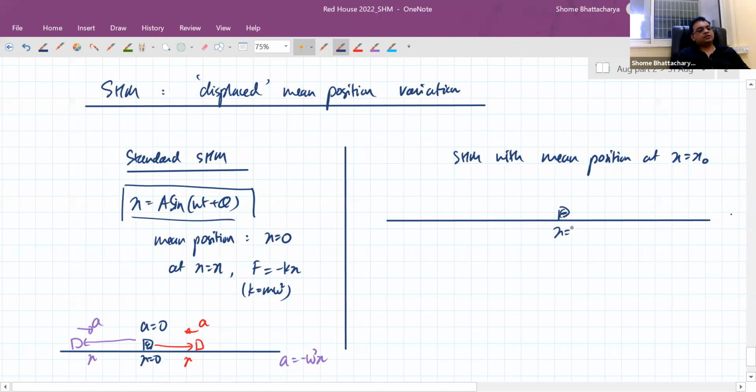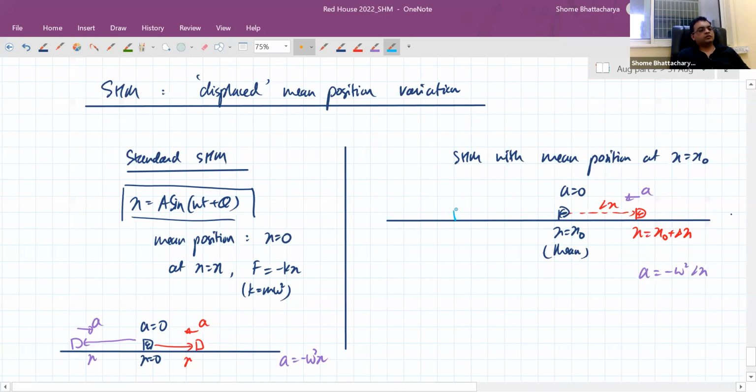So at x equal to x naught, acceleration is 0. This is the mean. Okay. But when we take it this side to x equal to, let's say, x naught plus delta x, then it should have an acceleration like this. Okay.